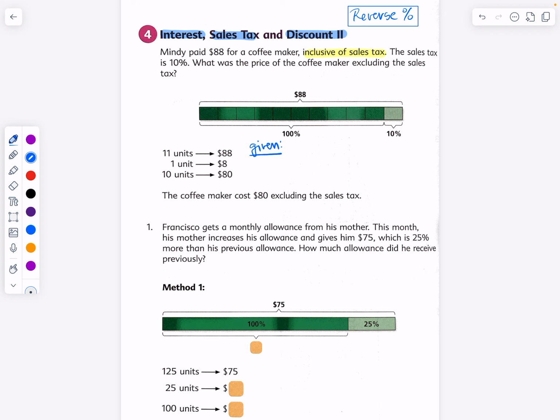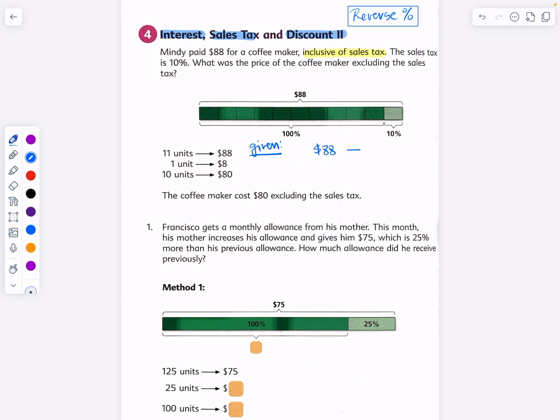Well, what is given? We know that $88 is the final cost of the coffee maker, including the sales tax. Is that the original cost?